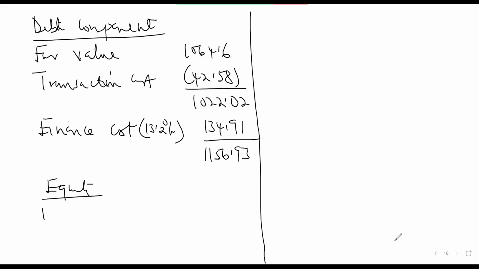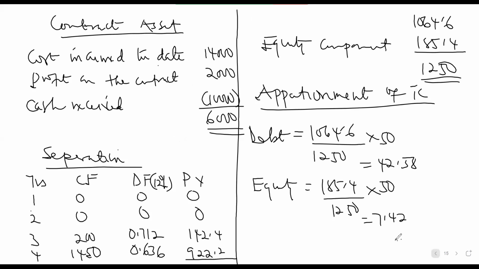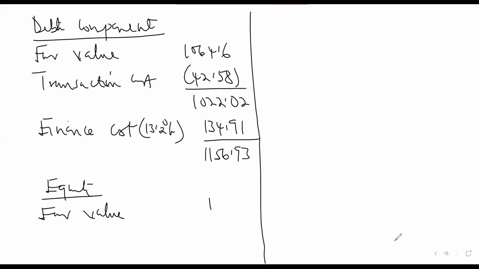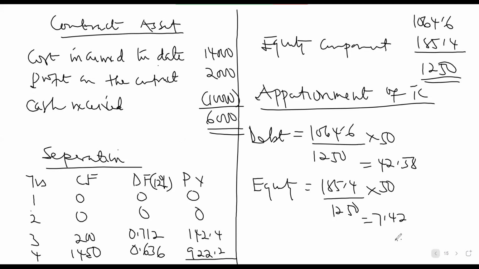The equity, we have the fair value of, what is their fair value? 185.4. The transaction cost, is it going to be added or subtracted? Equity, is it an asset?